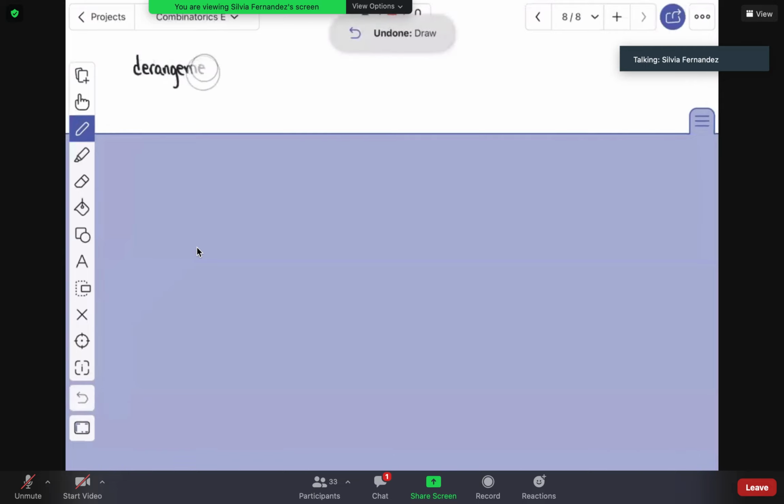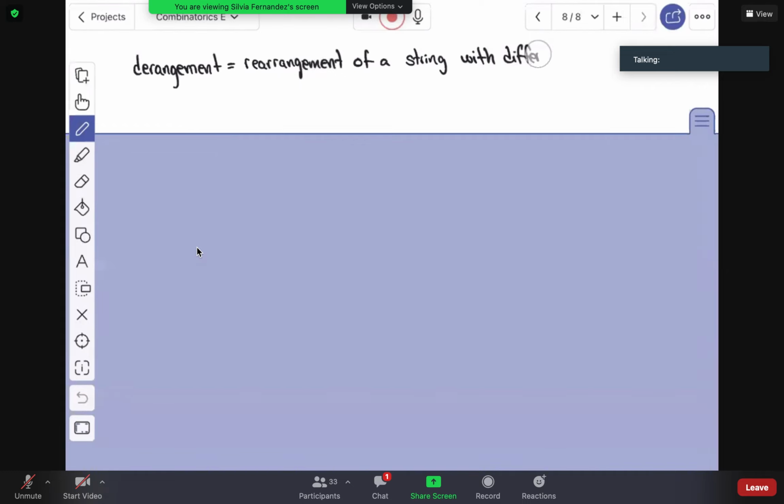So a derangement is just a rearrangement of a string with different elements, so that no element occupies its original position.